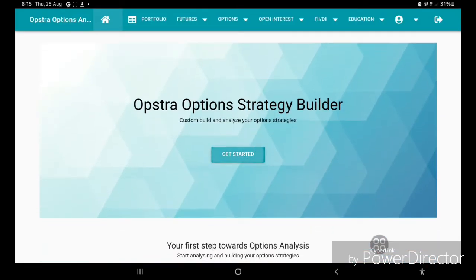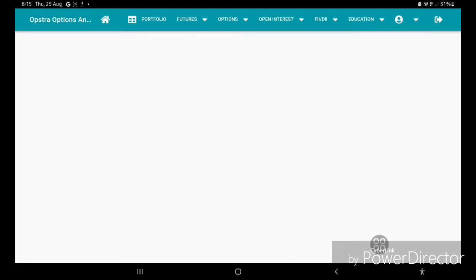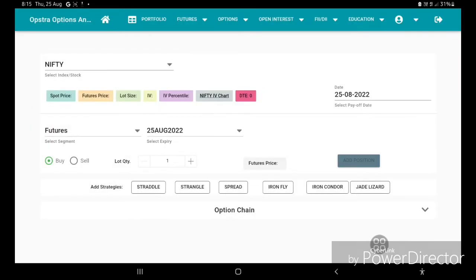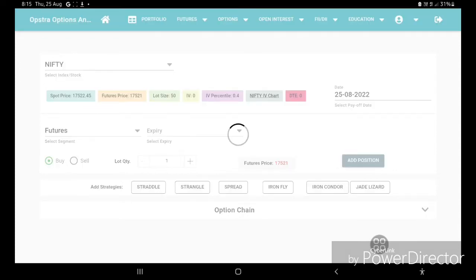Then we have to go to strategy builder. Using this Opstra strategy builder, I am going to explain to you what this covered call strategy is.